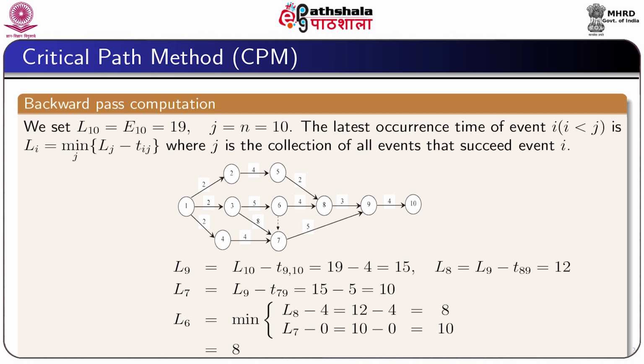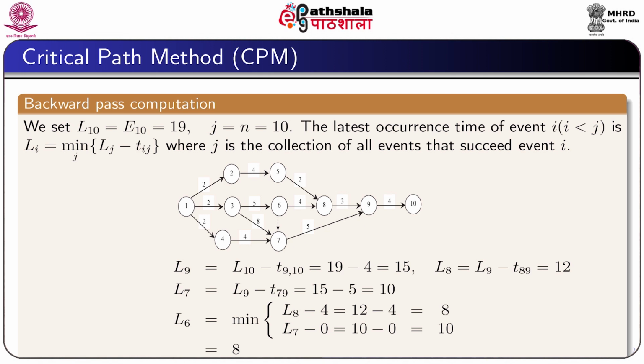And then for the sixth node, we see that we have two successor activities 6-8 and 6-7. Therefore, in order to find L6, we need to consider these two successor activities, and we have to choose the minimum value between L8 minus 4 and L7 minus 0, and this gives 8.